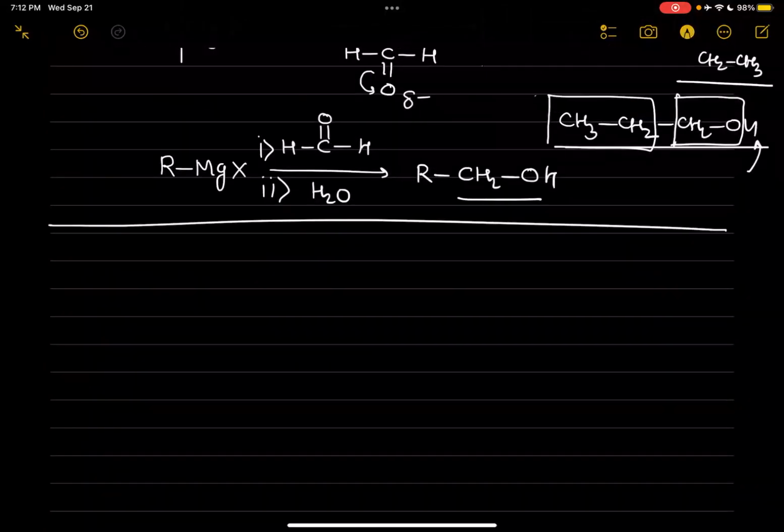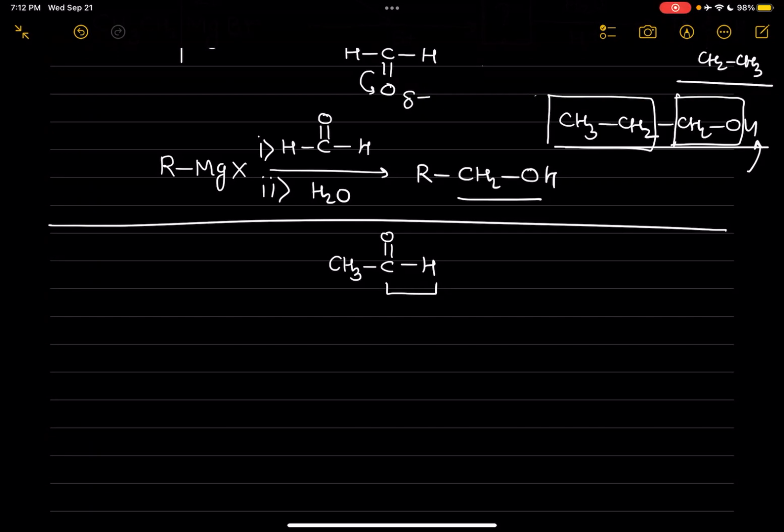So what is the next aldehyde after formaldehyde? Next higher aldehyde, what is its name or structure? Aldehyde and ketone both have a C=O double bond. At least you should have one H on the doubly bonded carbon.